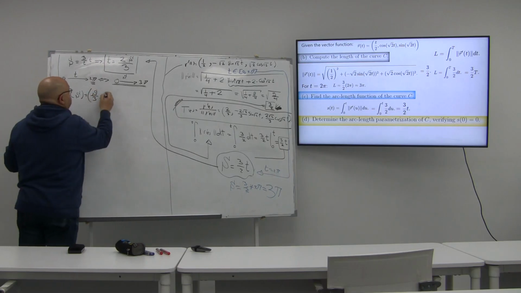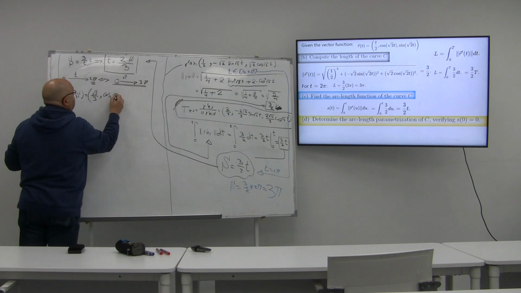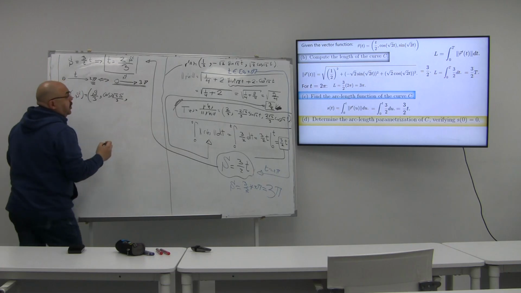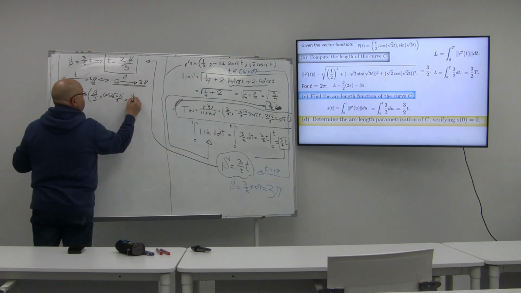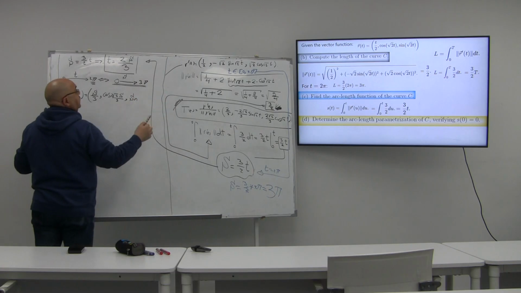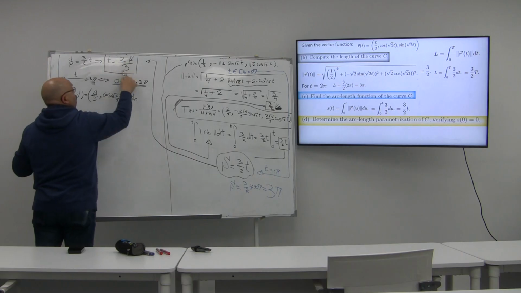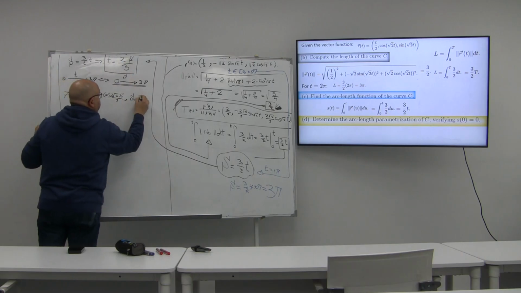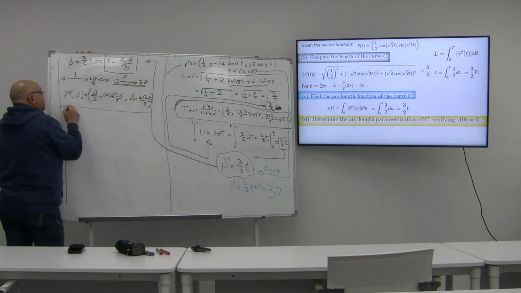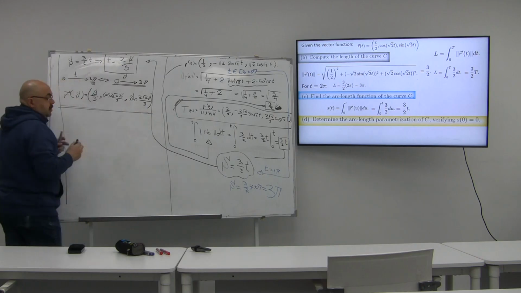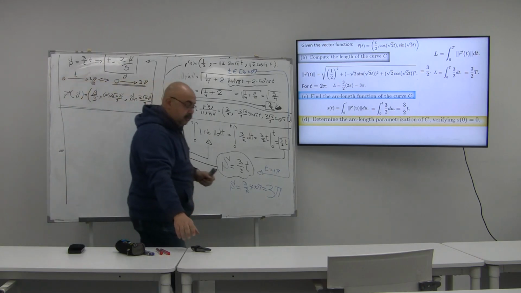For the second component, it's going to be a cosine of 2 root 2 s divided by 3. For the third component, it's going to be the sine, replacing the t over there by 2s over 3, so it's going to come up to 2 root 2 s divided by 3. And this is the parametrization by the arc length that I told you about.